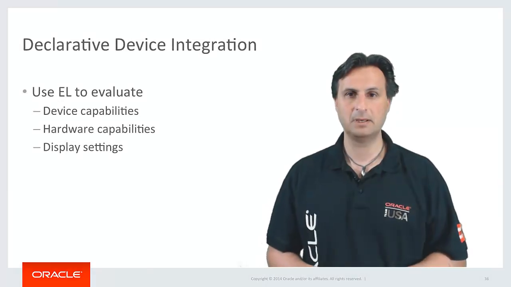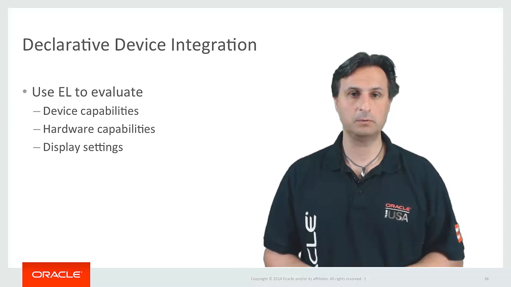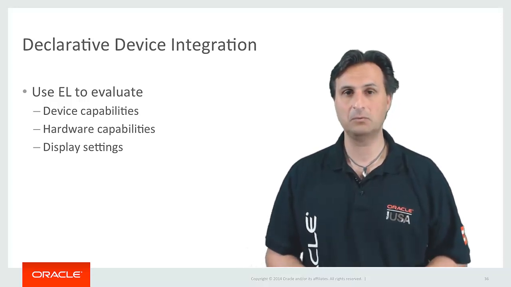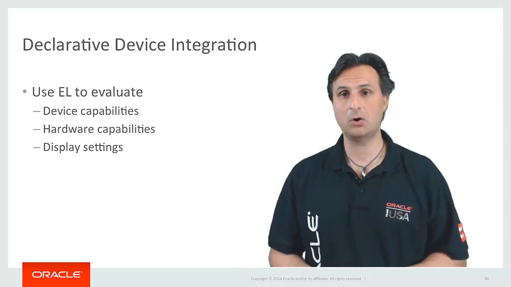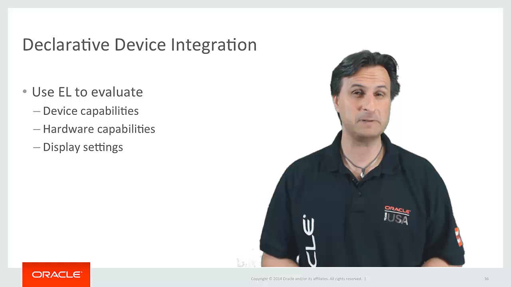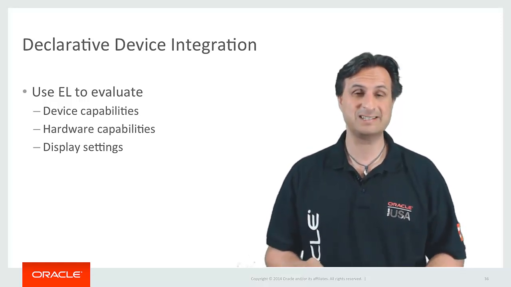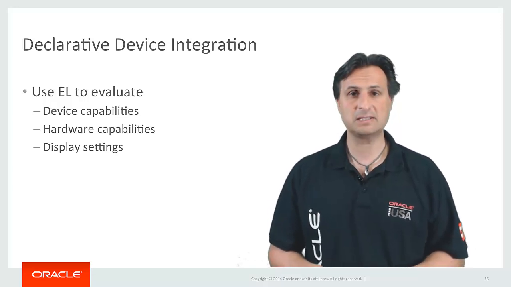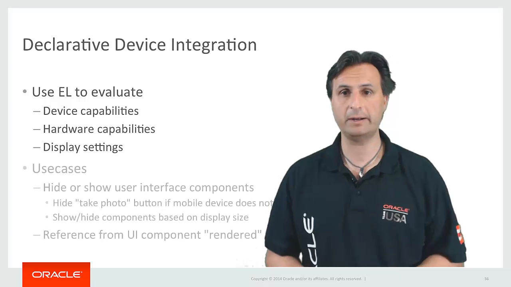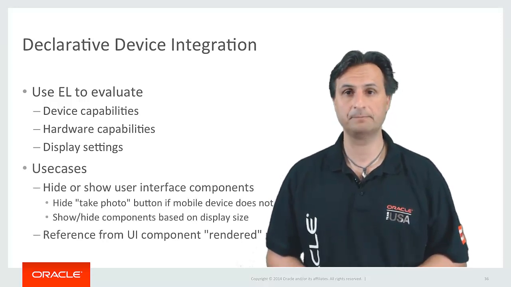First of all, you will be able to evaluate whether the device has specific hardware capabilities or specific display settings. Again, going back to responsive or adaptive design. The use case, as I mentioned, is just to show or hide content, and you would use the rendered property for that.